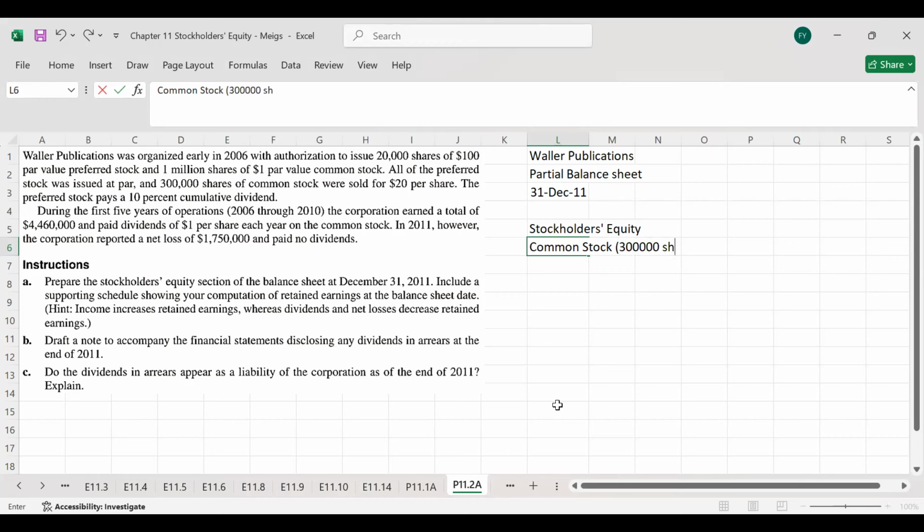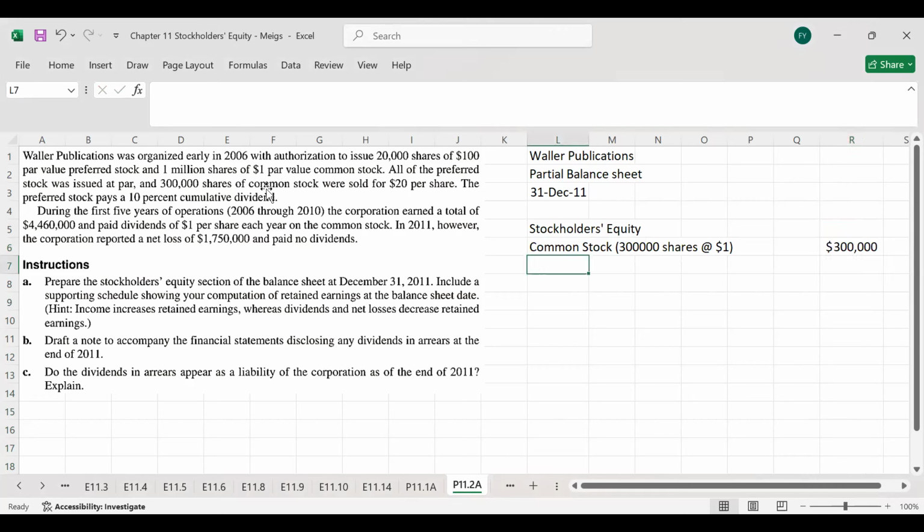So now we are going to calculate this amount. We have a dollar and this one. So 300,000 multiplied by 1. This is your common stock.